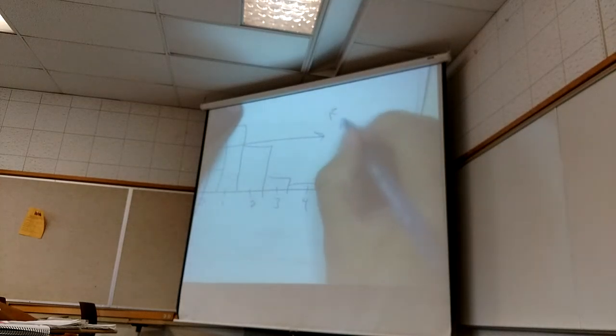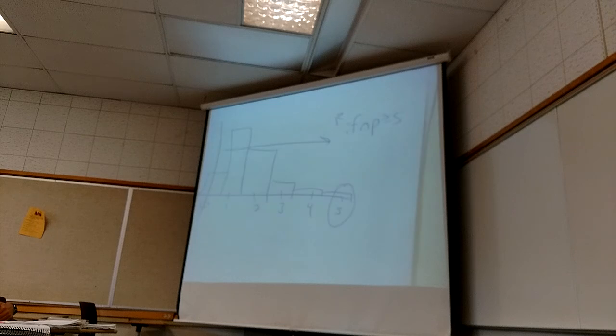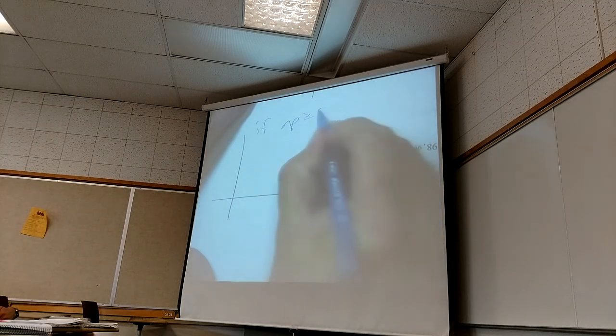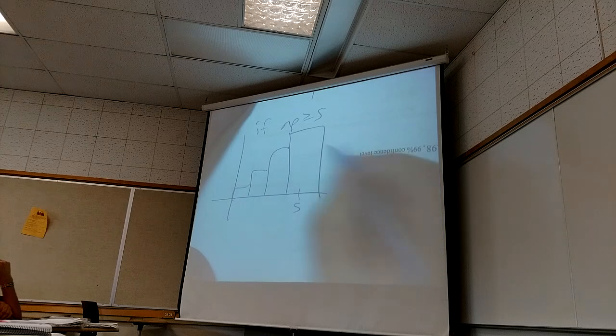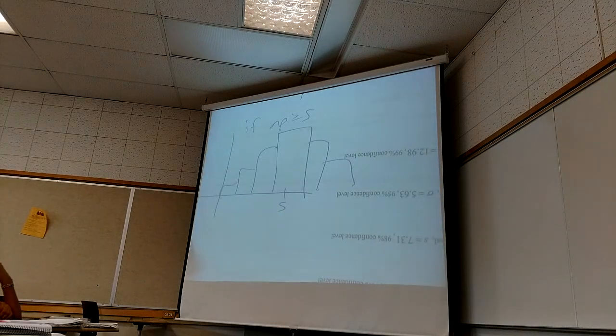So if np is at least 5, that means the highest bar would be a 5. That gives it room in front of it and room after it to go up and come back down, and then it would be normal enough. So it's really just pulling it away from that 0 wall.